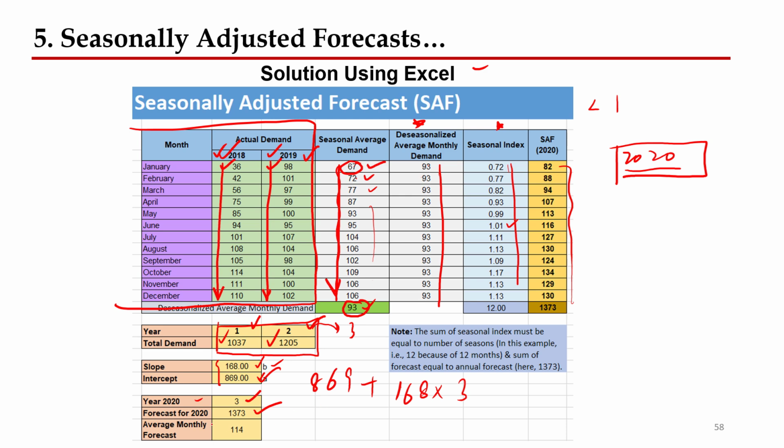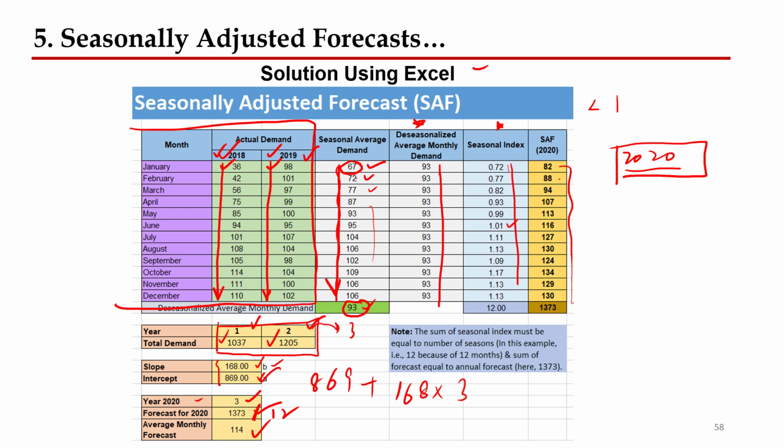Then, in order to get the monthly average forecast, we are going to divide this value by the number of seasons in that time period. Because we have monthly demand and yearly data, we are going to divide it by 12, so we get the average monthly forecast.